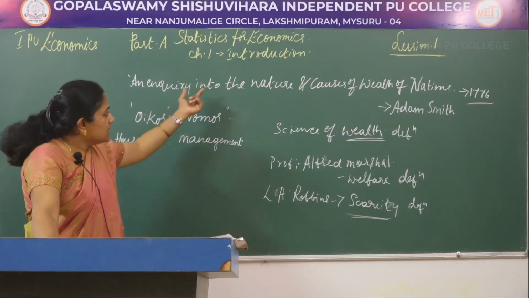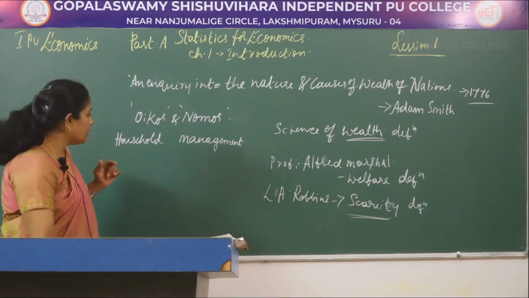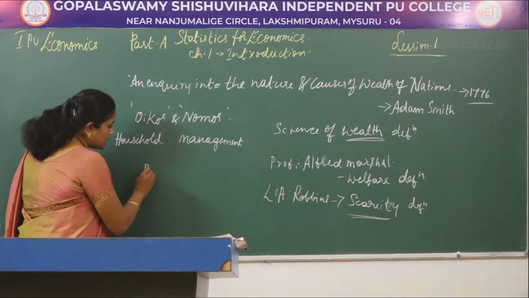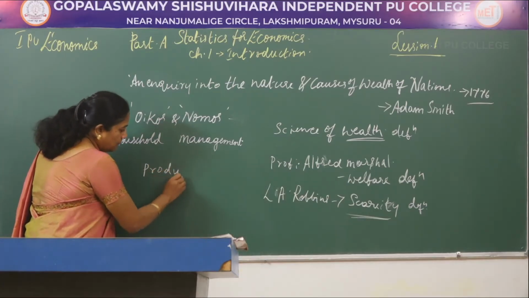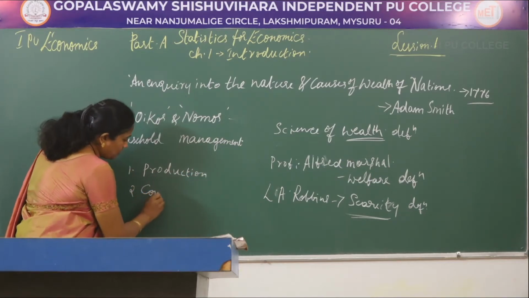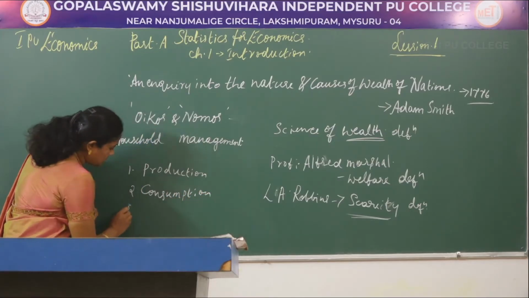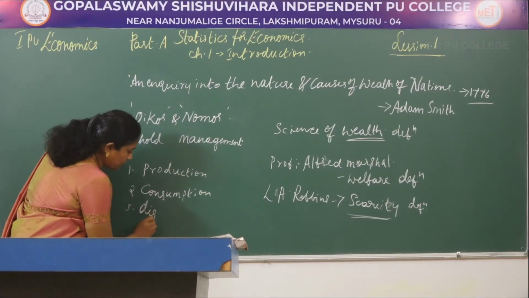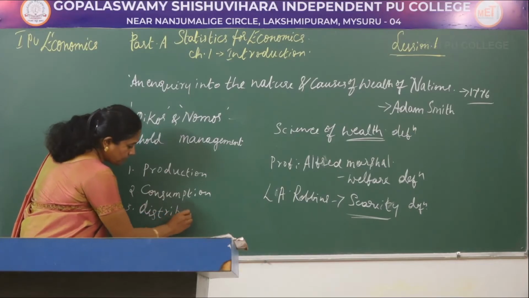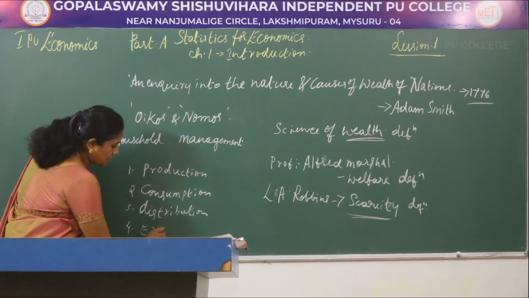The basic economic activities are 4. As you all know, there are 4 economic activities: first production, second consumption, third distribution, and the fourth one is exchange.